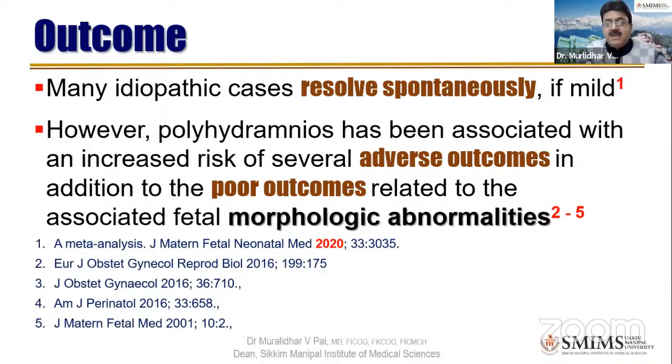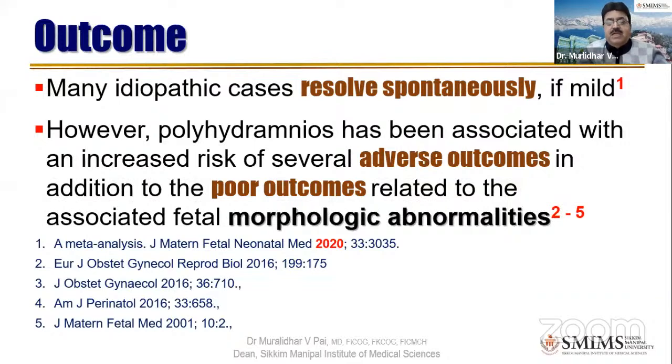That means the baby's anomaly, baby's malformation, is the cause of poor outcome rather than the polyhydramnios per se. In other words, polyhydramnios is a manifestation of a problem within the fetus. So that is why the outcome is bad primarily.